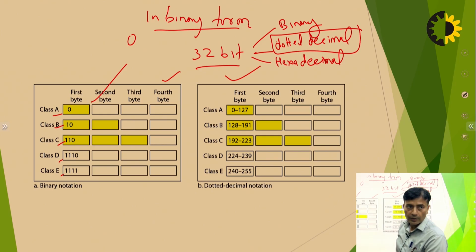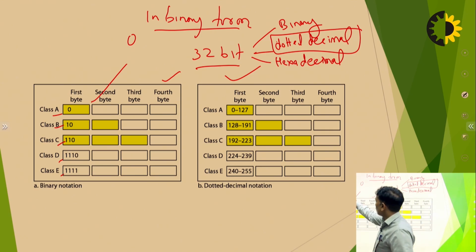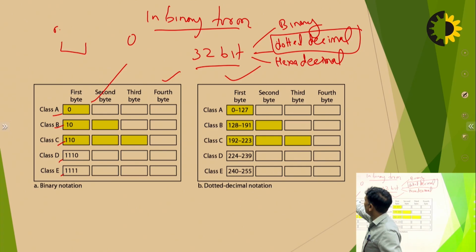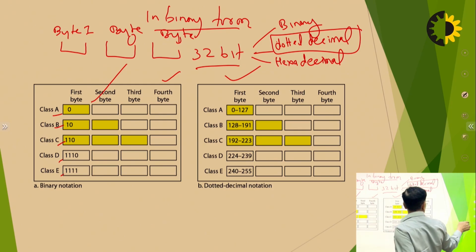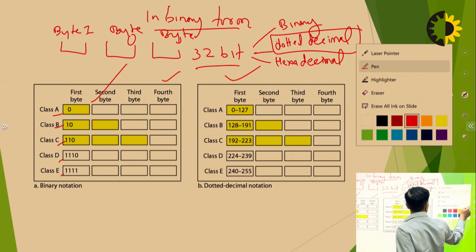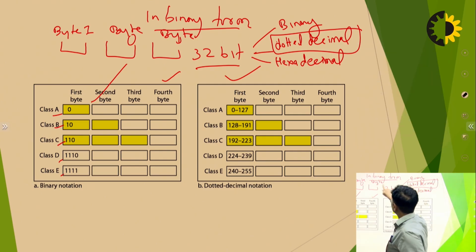What is dotted decimal notation? These 32 bits are divided into 4 bytes basically. Okay. First byte 1, byte 2, similarly byte 3 and similarly byte 4.